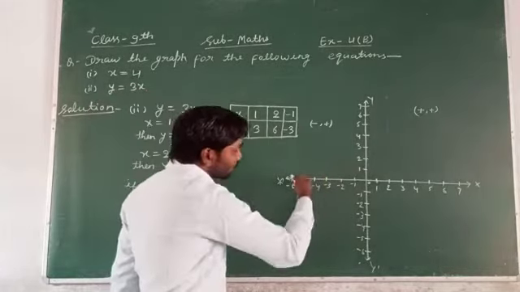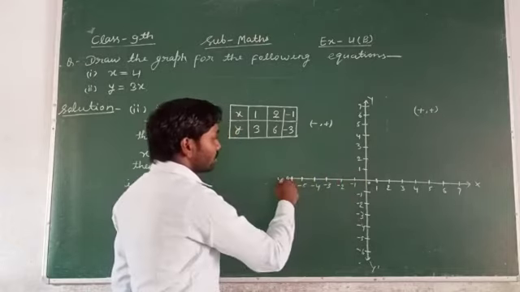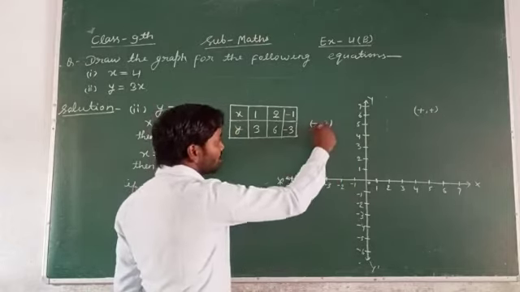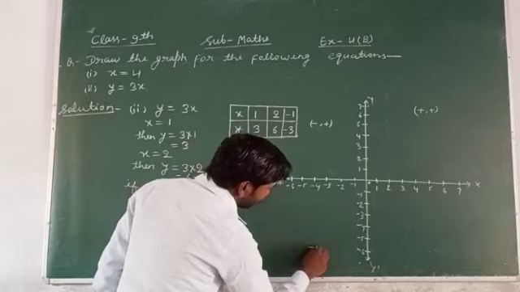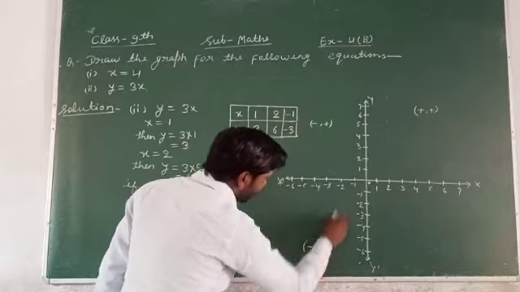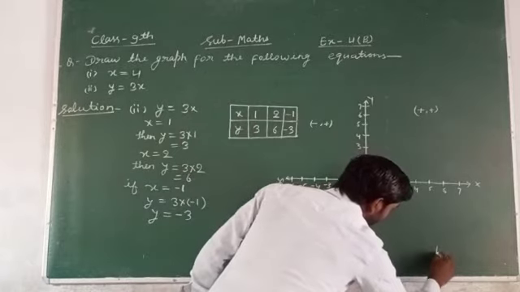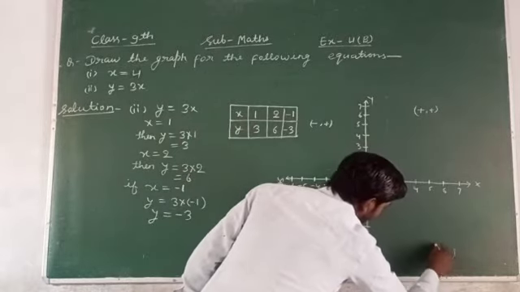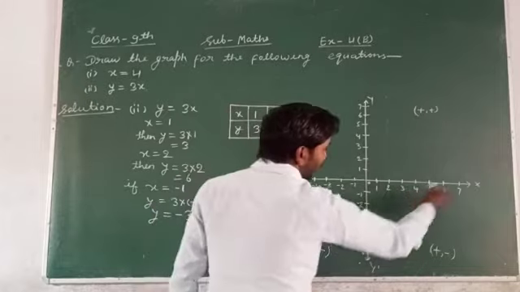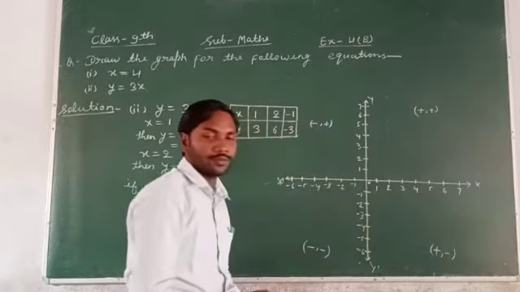So in this coordinate x is negative, so it will be minus plus. Here both will be negative because x is minus and y is also minus. In this quadrant it will be plus minus because x is positive and y is negative.